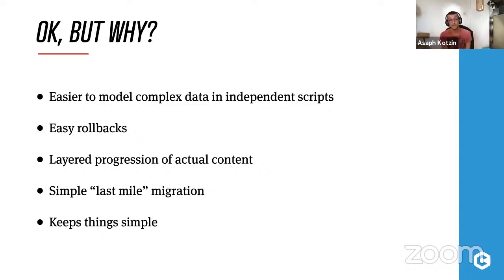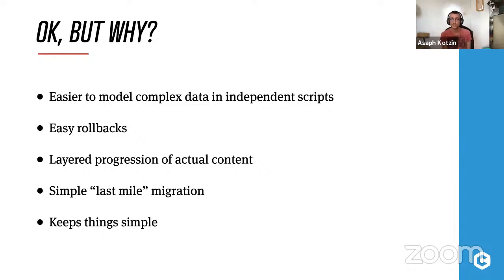Another huge benefit is what I like to call the last mile migration. It's very common that in complex migrations, we work with data that is still alive. We can migrate a legacy system, but this system is still being used. There is more data coming in all the time. And although we're working with static data, our migration approach needs to support the continuous integration of this data into the migration.